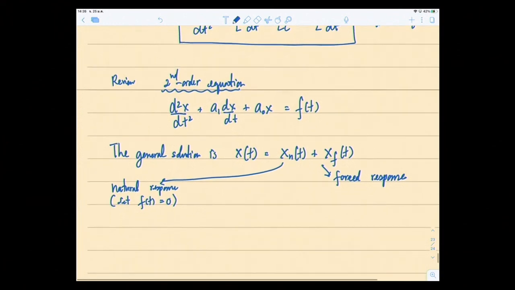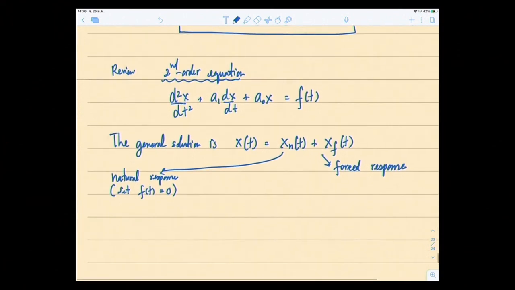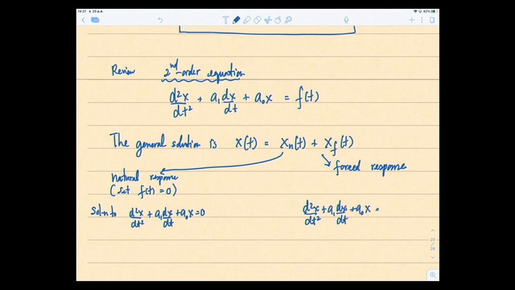So let me write. The natural response is the solution to d²x/dt² plus a1 dx/dt plus a naught x equal to 0, and the forced response solves d²x/dt² plus a1 dx/dt plus a naught x equal to f of t.